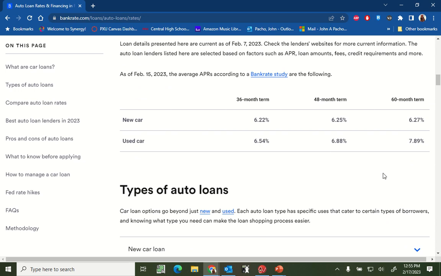60 month, the longer you go, the more you're going to end up paying. So if you looked at the one that we just did, 6.27%, or used car is 7.89.